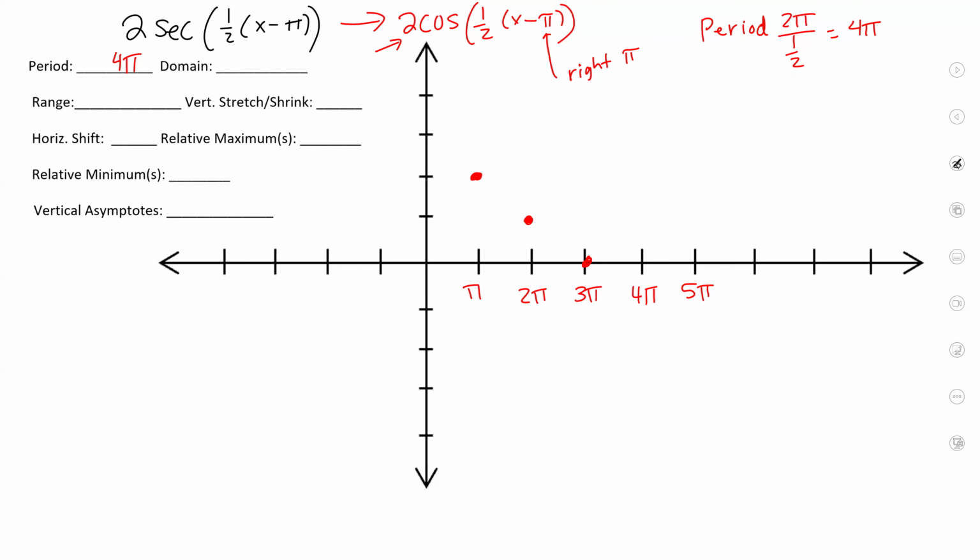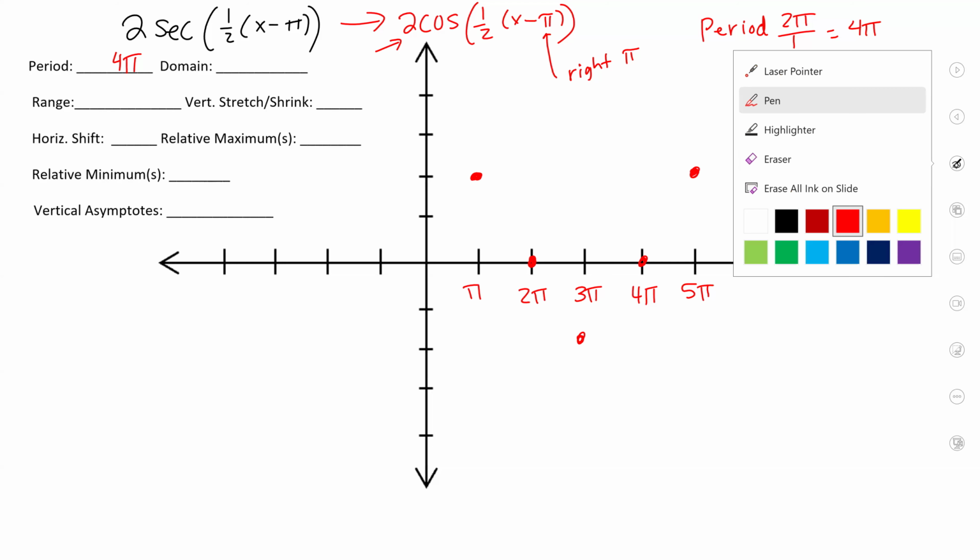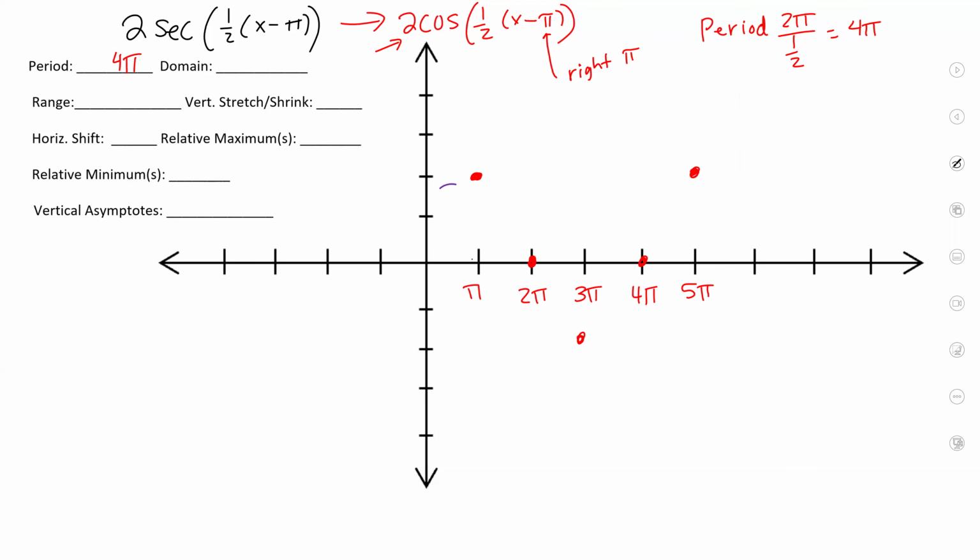Oh, sorry, my points are wrong. My amplitude is 2, so I go here. There we go. All right, so notice my amplitude is 2, so from here to here is 2, and from the midline to the minimum is 2.